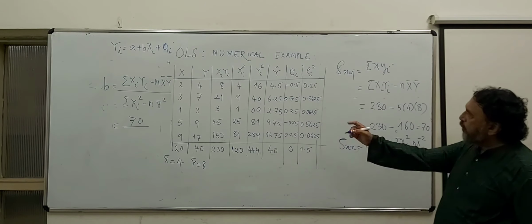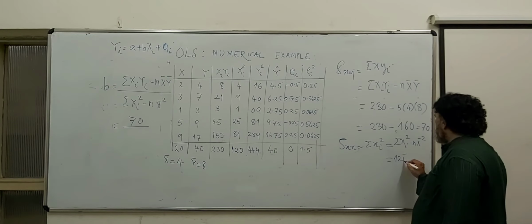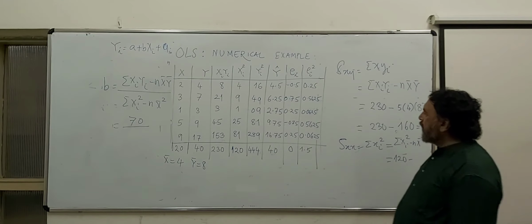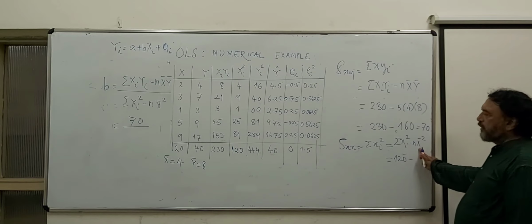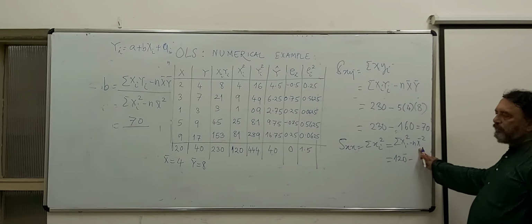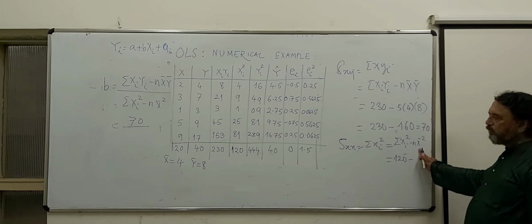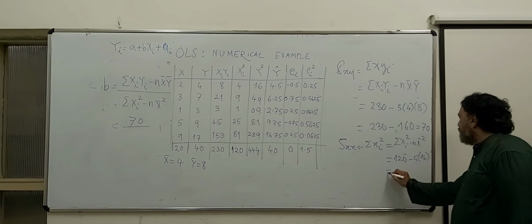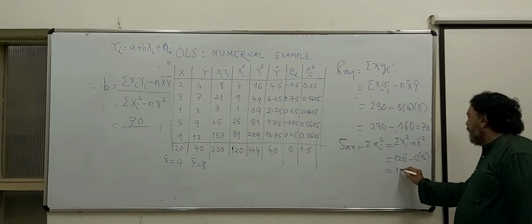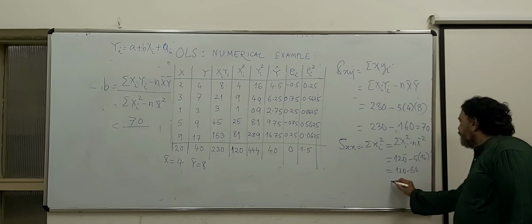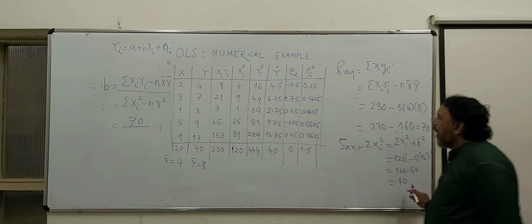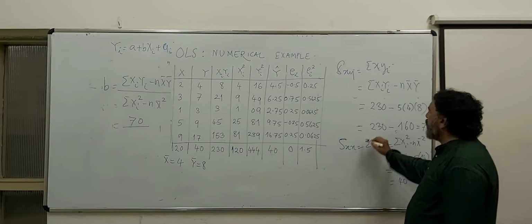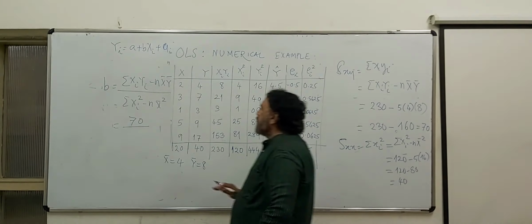Again, plugging in the values from here, we get summation xi square equal to 120, n equal to 5, and x bar is equal to 4, therefore 4 square would be equal to 16. So it is going to be 5 into 16, that means 120 minus 80, that is 40.